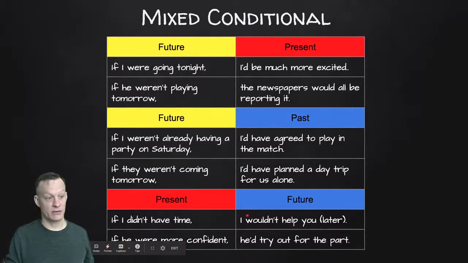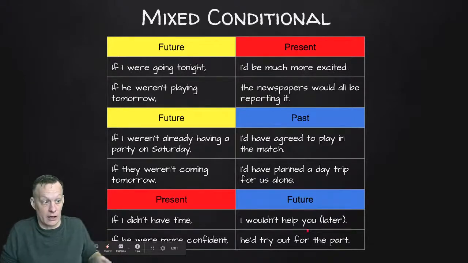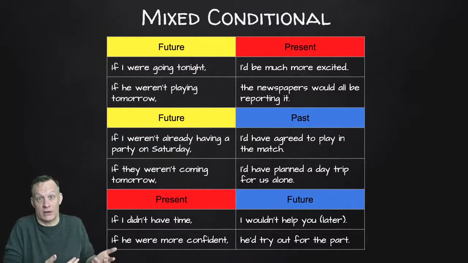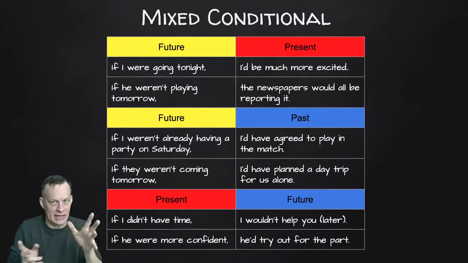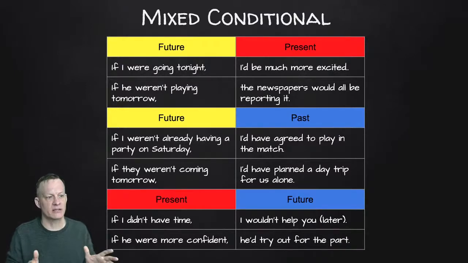Yes, that example, but the part of the future. Why is it not present? Okay, so I get it now. I think Isabel is asking me, why is this clause not considered present? It could be, yeah, if you're talking about now, like if I didn't have time, I wouldn't help you now. I wouldn't be helping you now if I didn't have time. Yeah, that's certainly true. That's present.